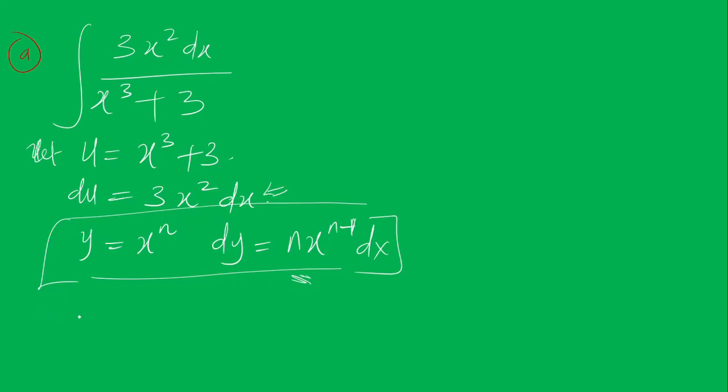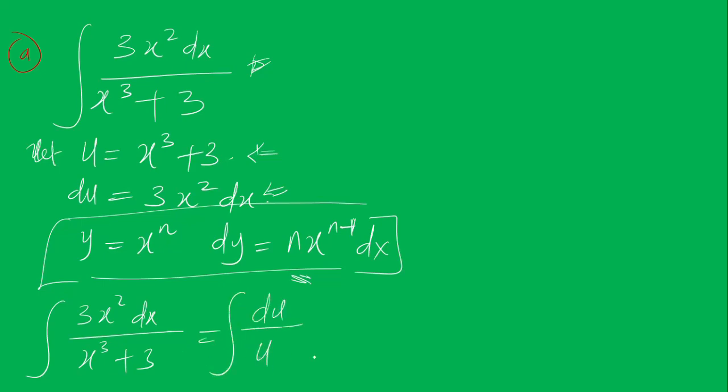Now substituting these values, you have the integral of 3x raised to power 2 dx divided by x raised to power 3 plus 3 is equal to du all over u.